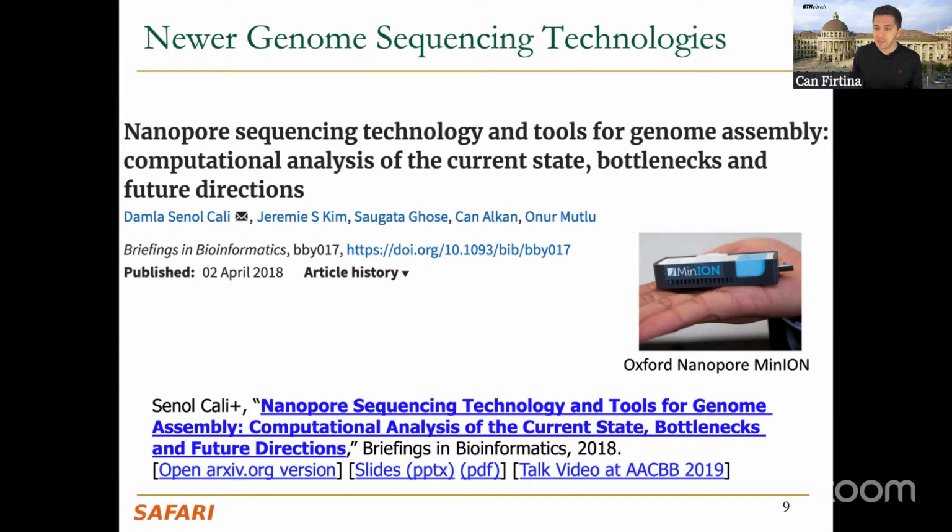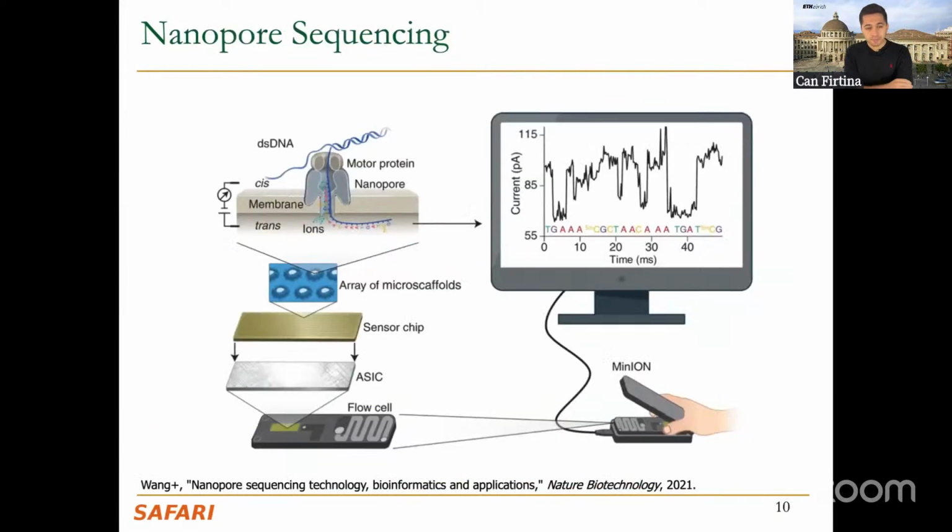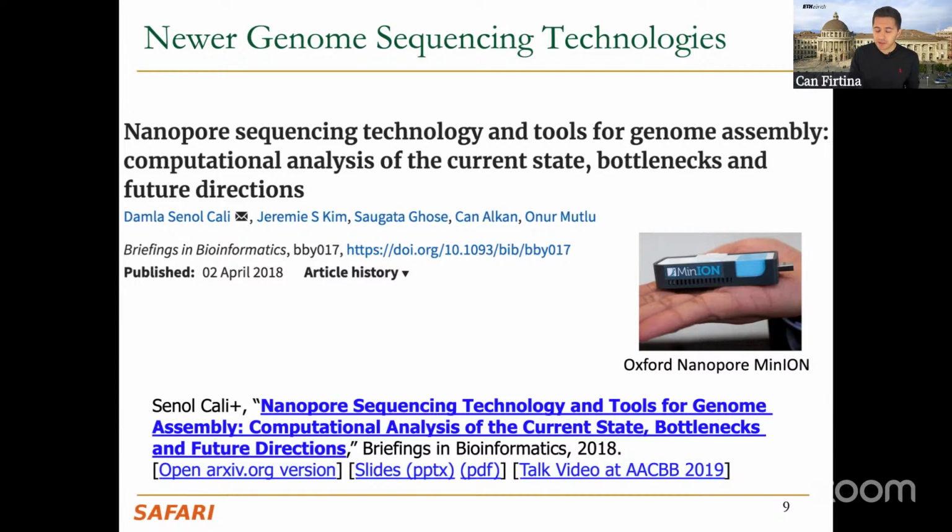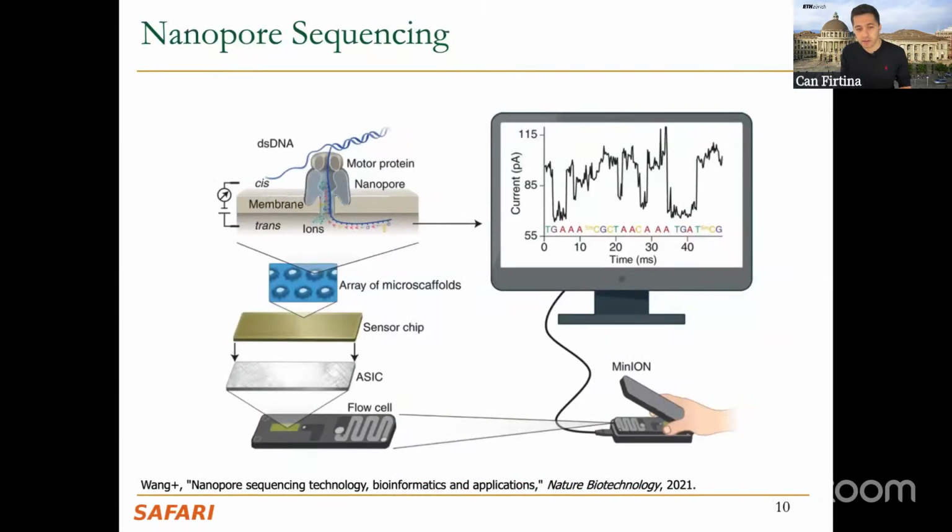If you're interested in, for example, what we can do with nanopore sequencing technology, there's a relatively recent paper about this, but we will be covering more about this in this lecture, and I'll be providing you with more pointers to papers. So let's start with nanopore sequencing.